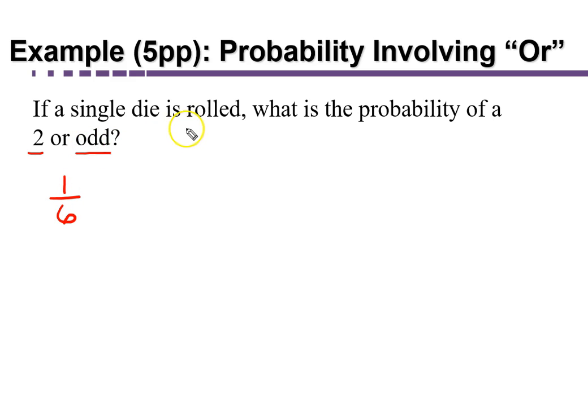And to get an odd number, that would be a 1, a 3, or a 5. And there are 3 there, so this would be 3 out of 6, which would give us 4 out of 6, which reduces to 2 out of 3.